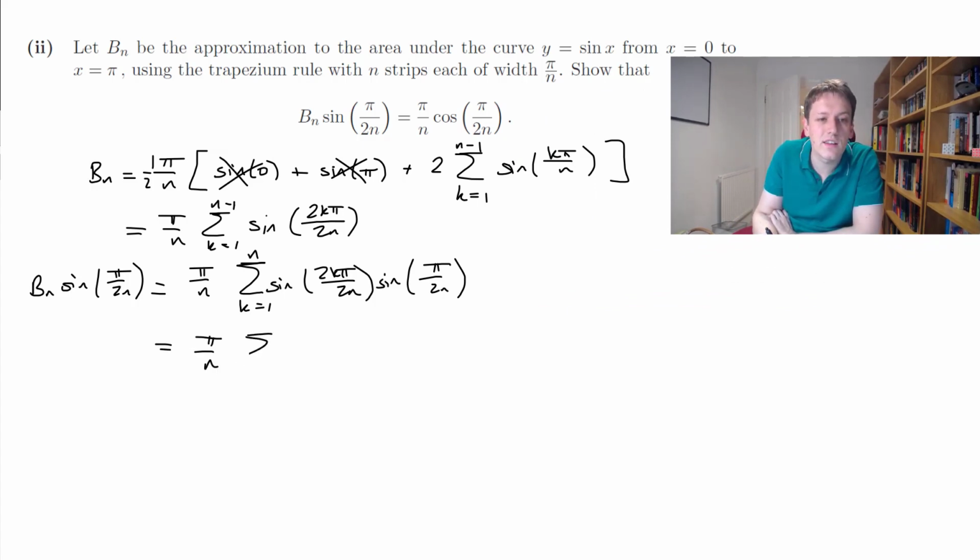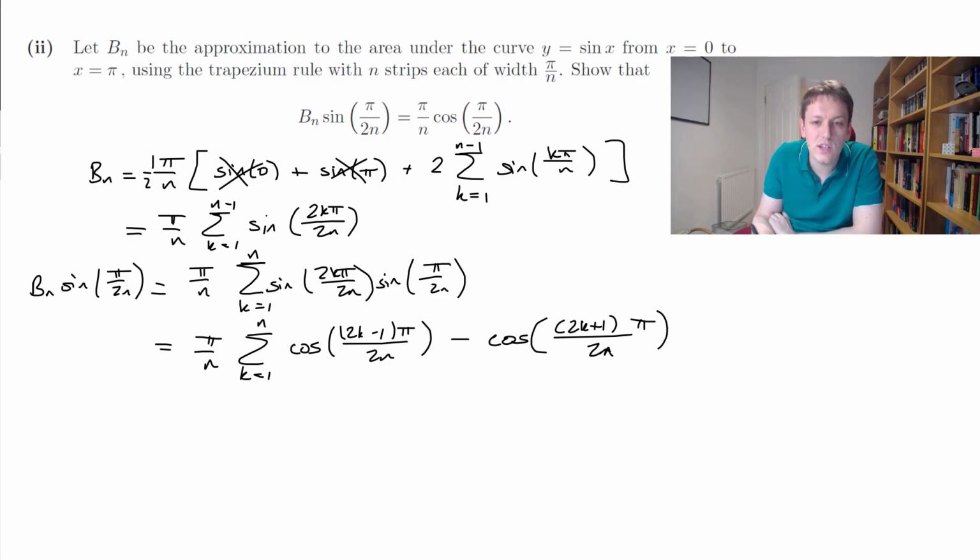So I get pi over n times the sum from k equals 1 to n of cosine of p minus q, so that would be here (2k minus 1) pi over 2n, and then minus cosine of p plus q, so I get (2k plus 1) pi over 2n.